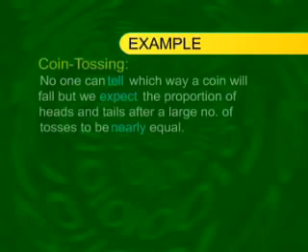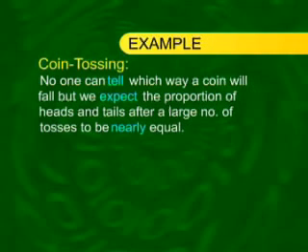Let me explain this point to you with the help of an example. As you now see on the screen, if we consider the coin tossing experiment, no one can tell which way a coin will fall, but if it is a symmetrically constructed coin, we expect the proportion of heads and tails after a large number of tosses to be nearly equal.